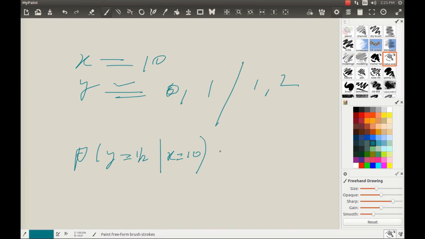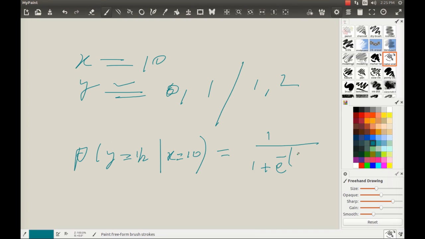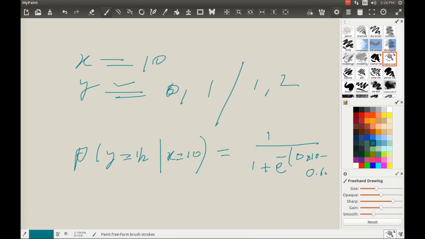Now the probability of getting y to some value 1, 2 given x is equal to 10 is going to be 1 divided by 1 plus e to the power of minus, what is the beta 1? Beta 1 is 0, right? So 0 multiplied by 10, minus the constant, that is 0.60.